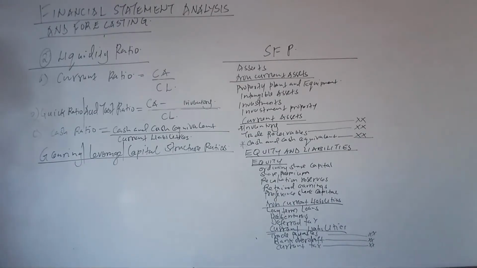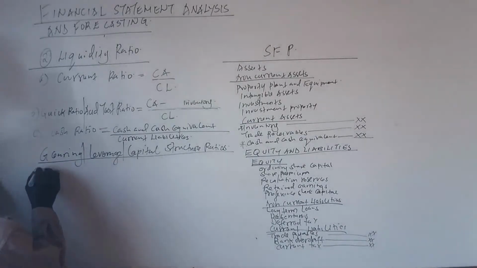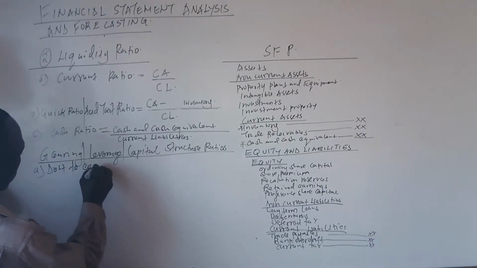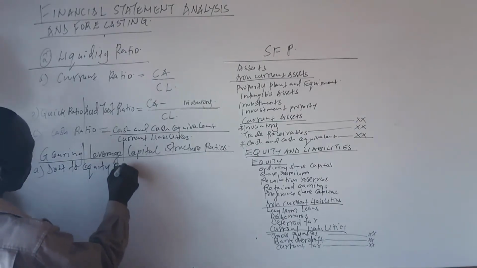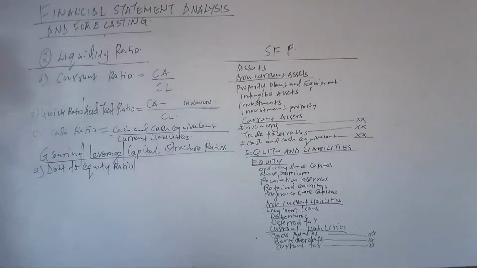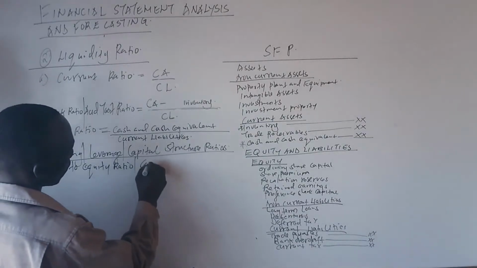Below there, we are told that the ratios include, number 1, the debt to equity ratio, or what we call the capital gearing ratio.